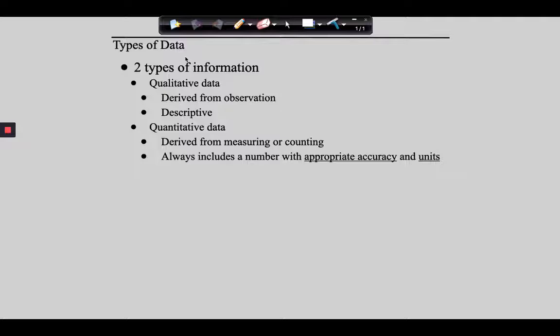When we make measurements, we want to measure well, but we don't want to measure better than we're allowed to. And so we talk about this idea of appropriate accuracy. So we're going to dwell on that for a minute. Then I'm going to give you some examples of what that means. And then, again, we're headed next door. So when we talk about appropriate accuracy, there are some rules for this that you need to know.